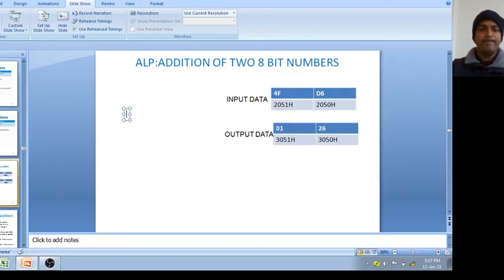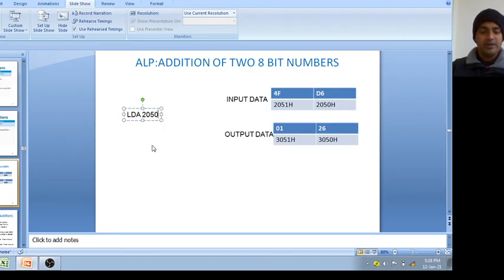So first I will transfer contents of this 2050 into the A register. For this the very simple instruction is LDA 2050. What it will do? It will transfer contents of 2050 into the A register.